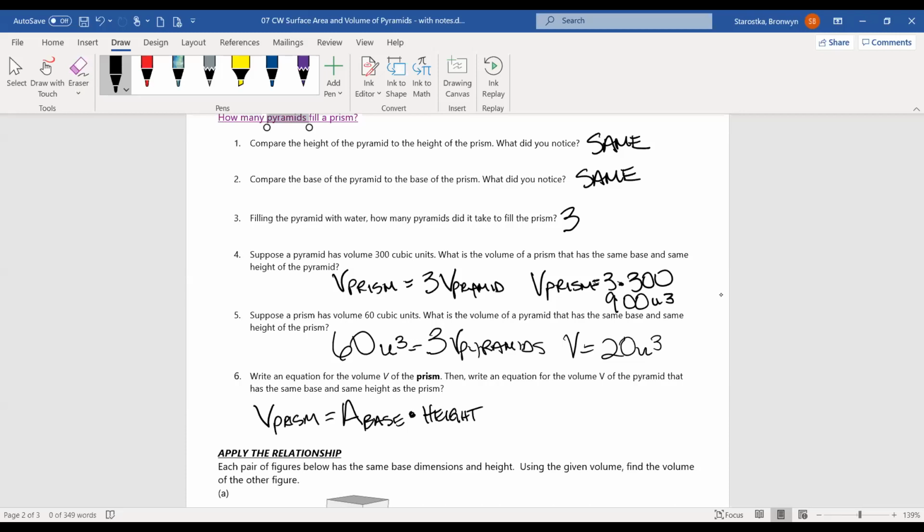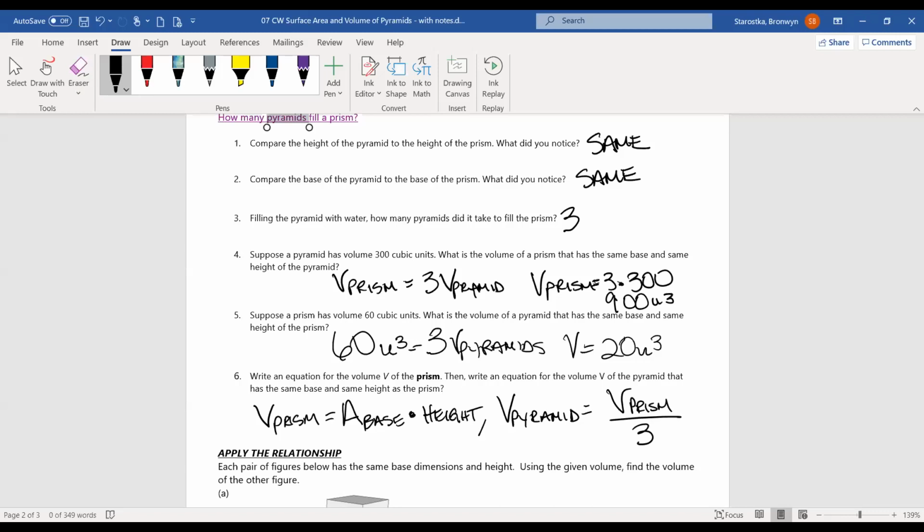So that's going to be our prism. If we want the pyramid, we take the volume of the prism and simply divide by 3. So that's essentially what our formula is.